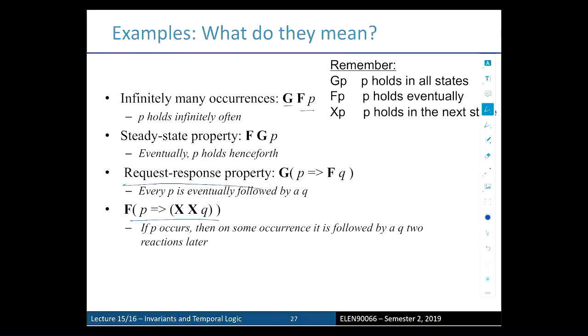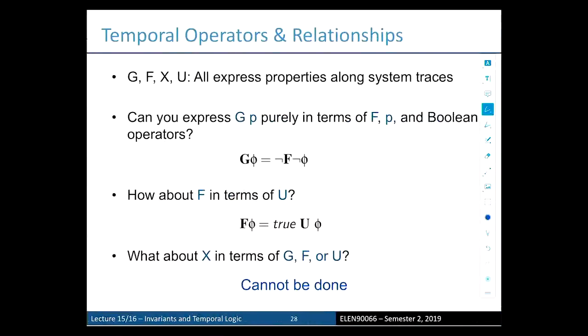They compose like that. So all these 4 operators express properties across the trace. So we can again compose them however we want. This is another example.